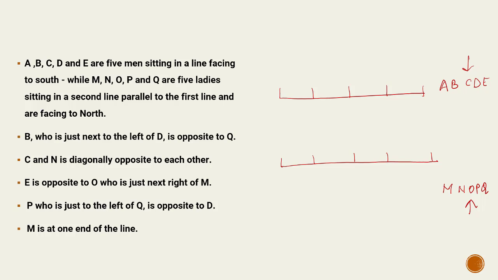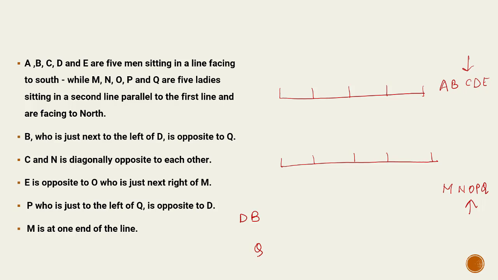So I know B and D both are facing south, and B is just next to the left of D. So if I put D here, B is to the left of D. Since they are south facing, B should come like this, and B is opposite to Q. Remember, we have studied the usage of relative pronouns when we were discussing the nuances of sitting arrangements. But I cannot plot this. I really don't know where D and B are placed right now.